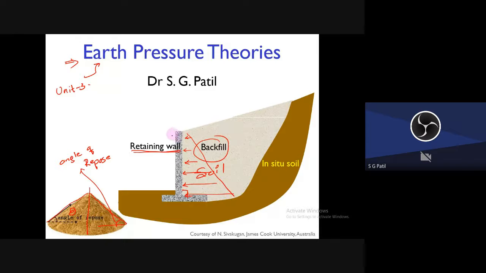So to design these retaining walls, you need to know how much pressure this soil is putting on this wall. Based on that pressure, you can design the cross section of this retaining wall: what should be the cross section area, what should be the reinforcement, where tension is coming, where you have to put your reinforcement, everything you have to design.